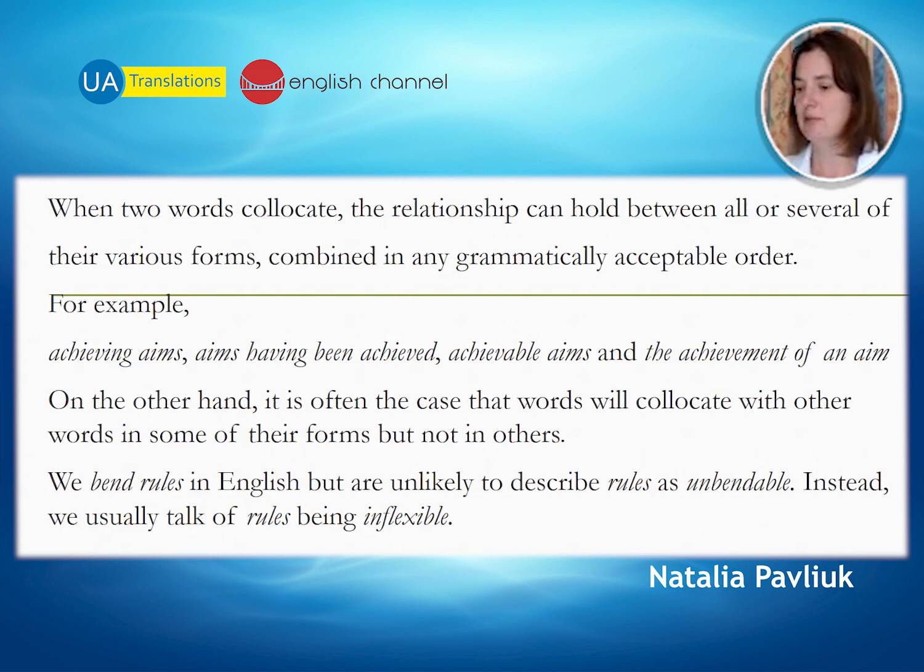Like in the example below, it's achieving aims, aims having been achieved, achievable aims, or the achievement of an aim. We have here a verb, an adjective, and a noun. And also, if we look at the first example, achieving aims, it may be a gerund or participle one.